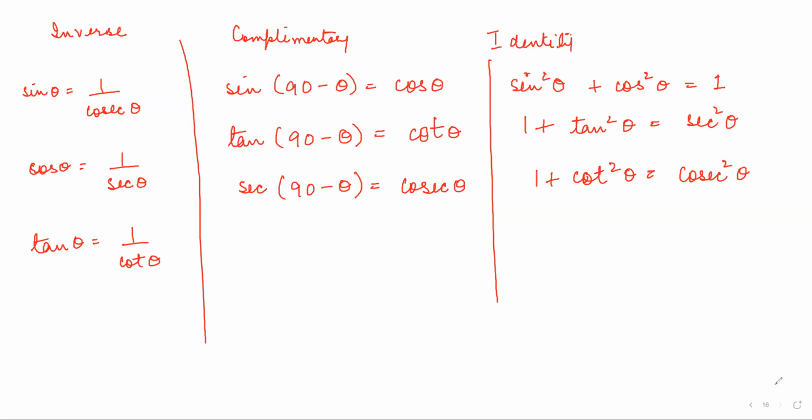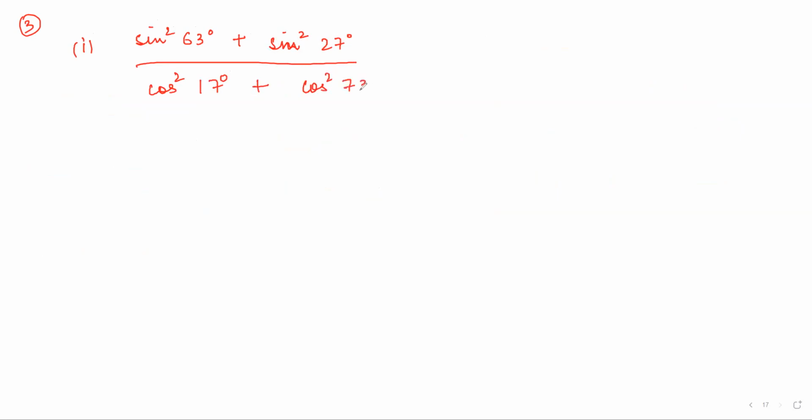Let's do question number 3 now. Evaluate: sine square 63 degrees plus sine square 27 degrees, divided by cos square 17 degrees plus cos square 73 degrees. Now with the help of identities, we will try to solve it, right?